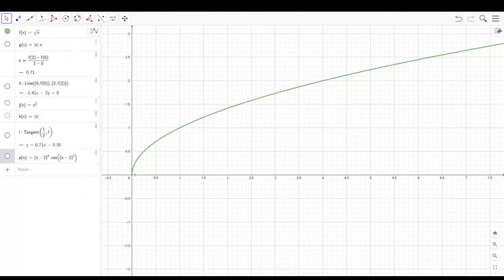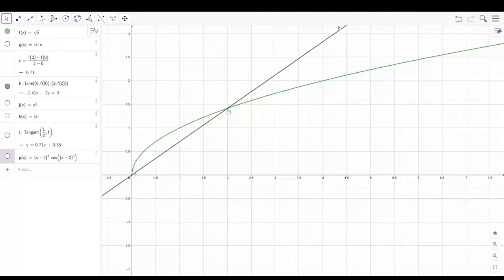Now watch what I do. If I draw a line segment from this point to the end of the interval, so I'm sort of drawing a straight line, what the MVT says is that there's some point where the slope of the curve is the same as the slope of this line.